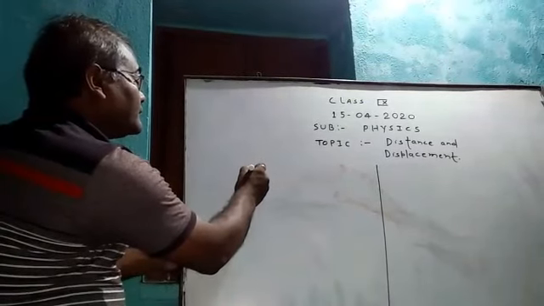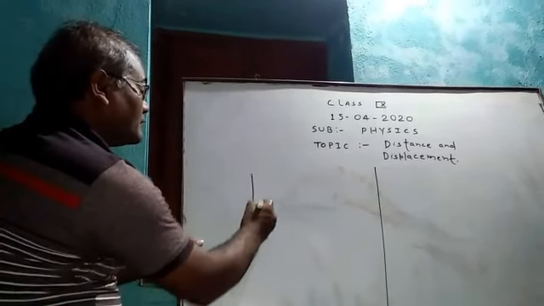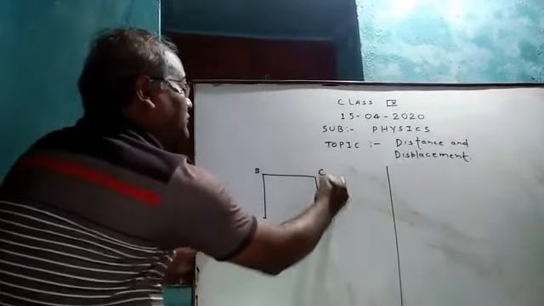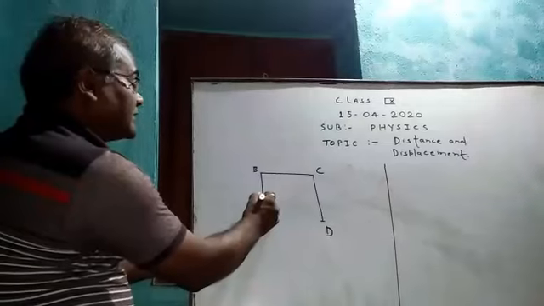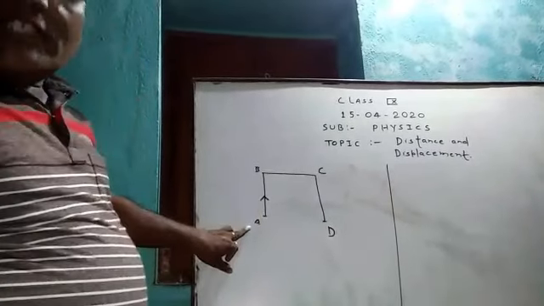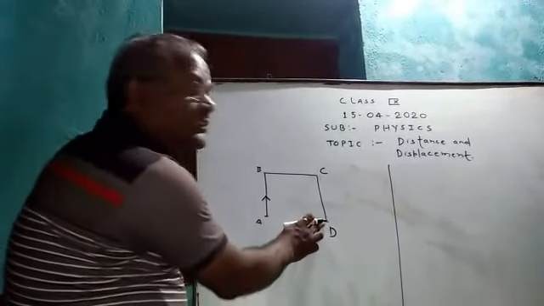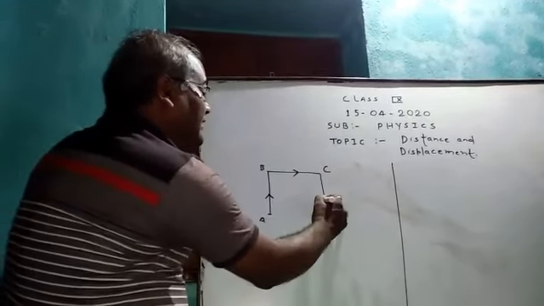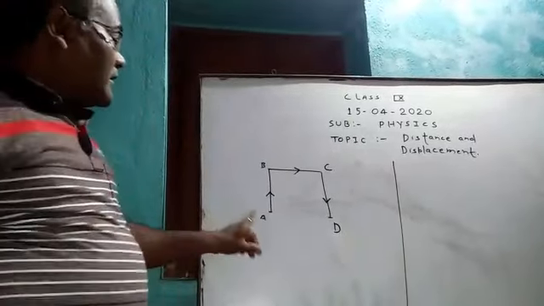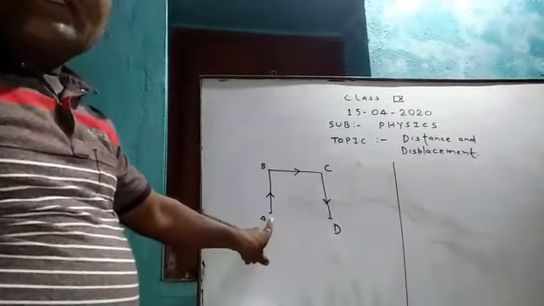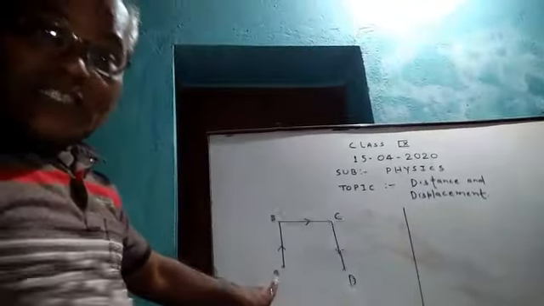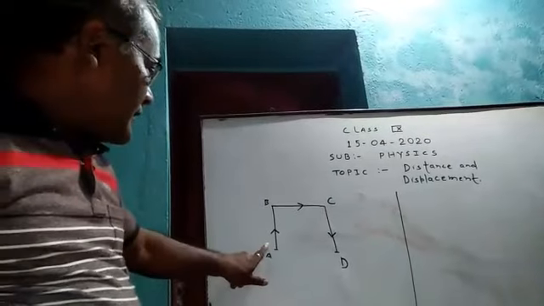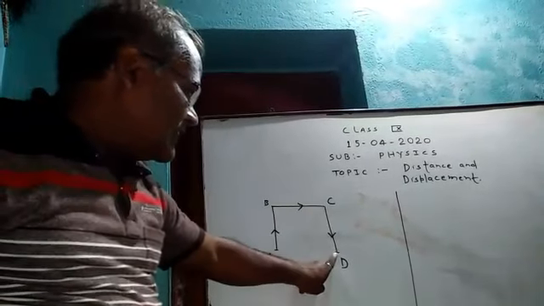Let us suppose that a body starts traveling through point A and it reaches point D via A, B, C and D.